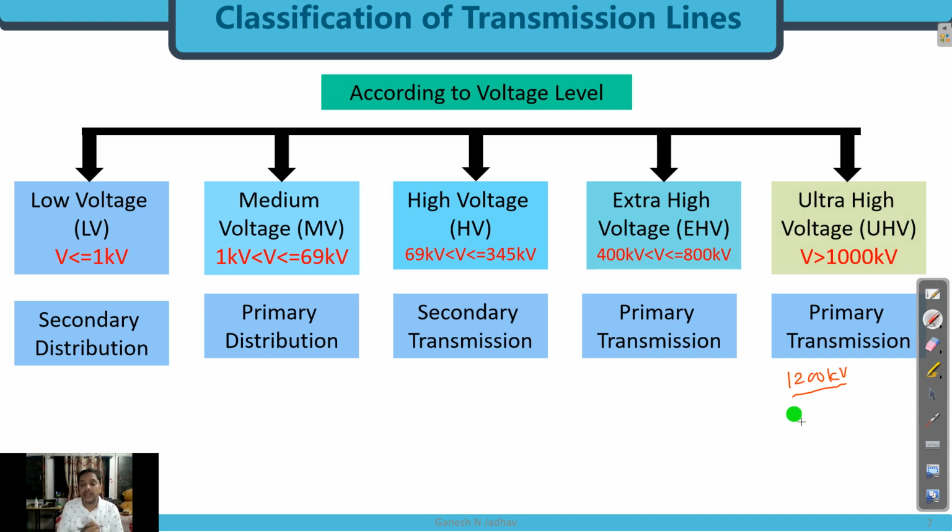But please remember that India is going for 1200 kV, and the first line is going to be installed from Aurangabad, which is in Maharashtra, to Bina, which is in MP. So from Maharashtra to MP, this transmission line is going to be installed soon.